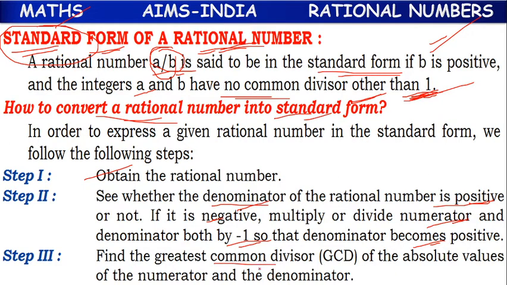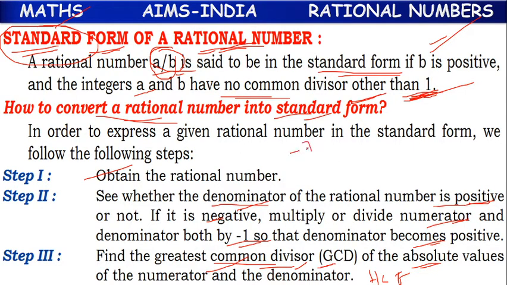And find the greatest common divisor, GCD or HCF, for the absolute values of the numerator and denominator. First we have to change the denominator into positive. Next we have to find their HCF or GCD. For absolute values.